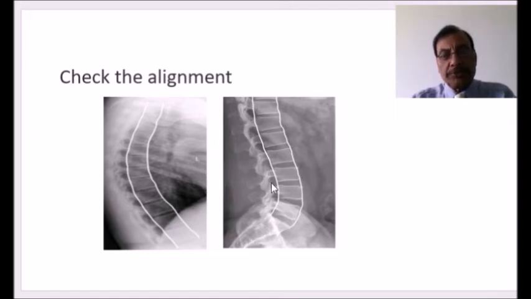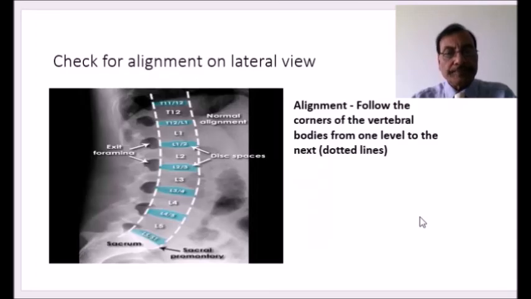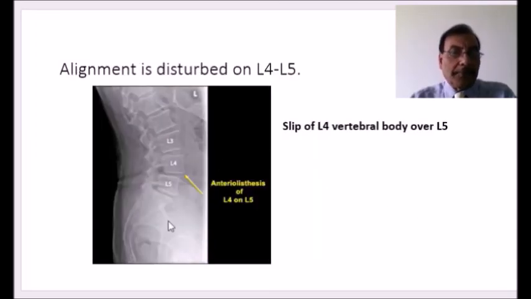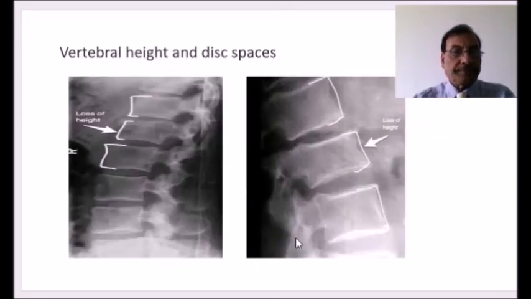The anterior border and posterior border of the vertebral bodies are to be looked into. We will see here this corner of the vertebra aligned, this corner aligned. Now here it is not aligned. So the L4 vertebra has slipped anteriorly over the L5 and this condition is called spondylolisthesis.